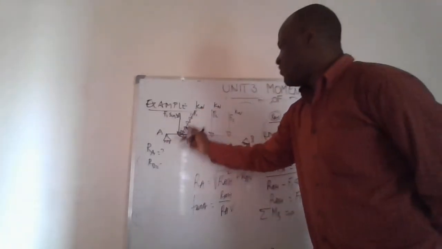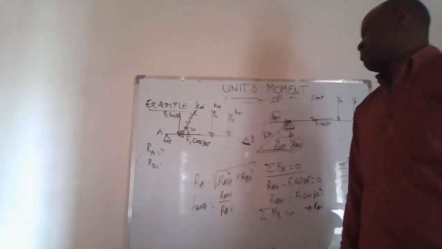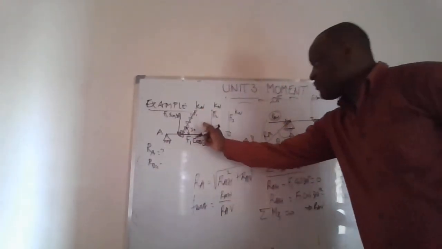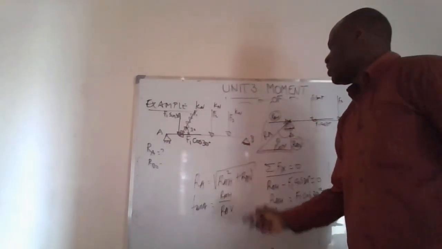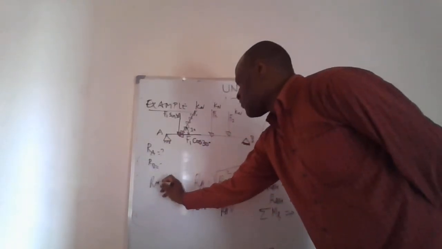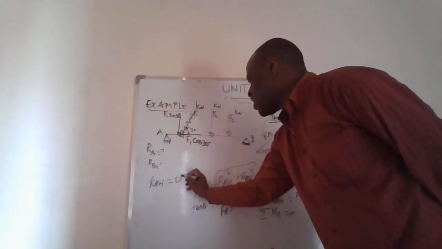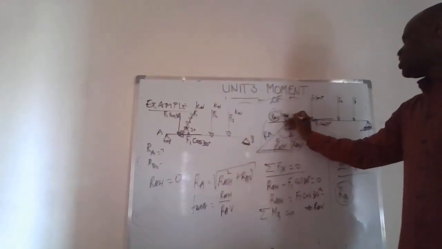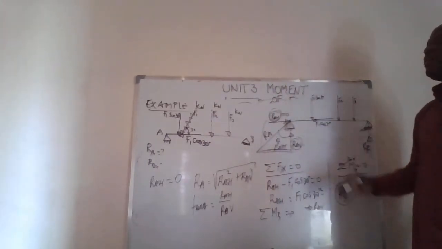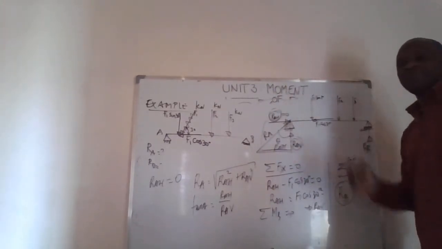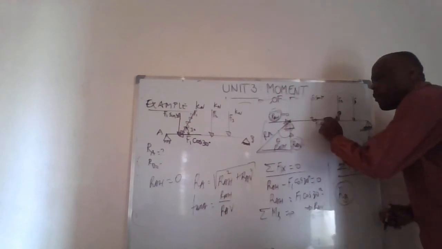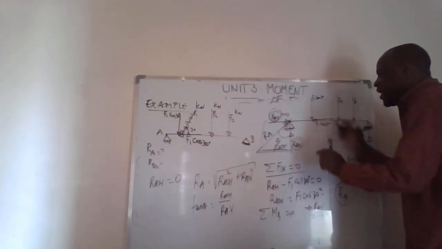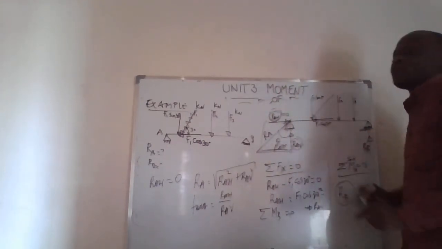If there was no inclined force, everybody agrees that RAH is equal to 0. This RAH would have been equal to 0 if there was no horizontal component on the beam. And that horizontal component is created by the action of the inclined force.